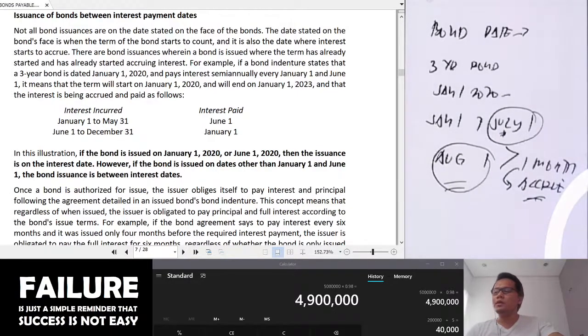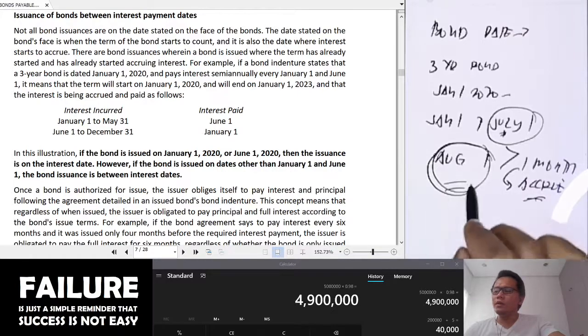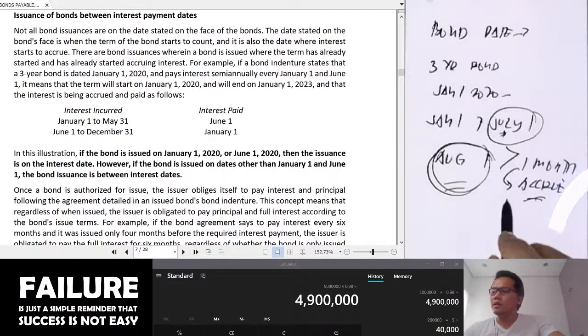So the point is, si investor ngayon for this particular issuance is, although nag-invest siya August 1 lang, he has the right to receive the interest from July 1 to December 31.